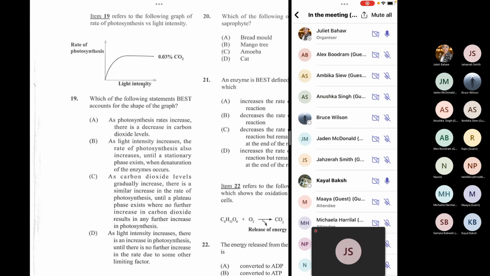Which of the following statements best accounts for the shape of the graph? I had D. As light intensity increases, there's an increase in photosynthesis until there's no further increase in the rate due to some other limiting factor. What is the other limiting factor in that graph?